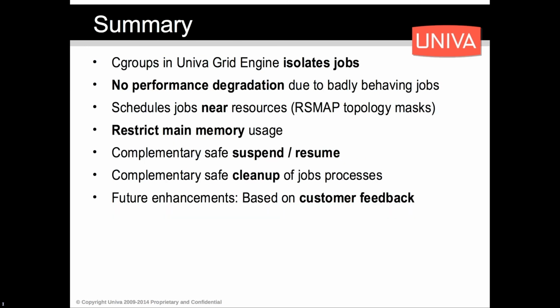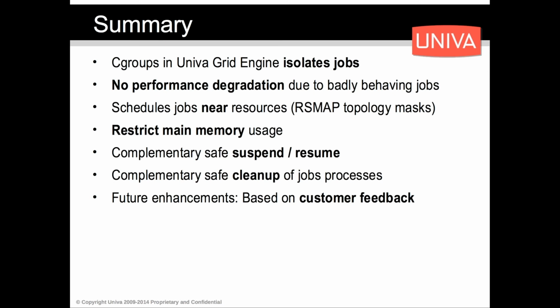So to summarize this webinar about cgroups, we can highlight that cgroups in UNIVA Grid Engine can be used for isolating jobs. There is no performance degradation due to badly behaving jobs anymore. Grid Engine schedules jobs near resources by exploiting the resource map topology masks. You can also use the cgroups integration to restrict main memory usage of applications.